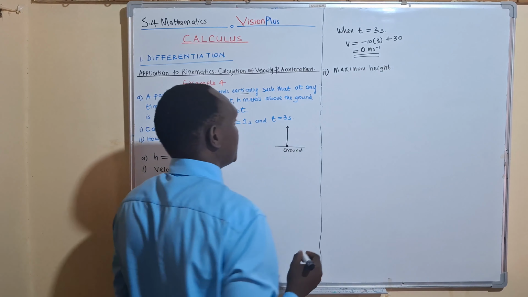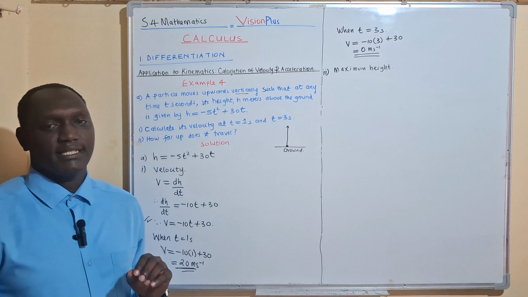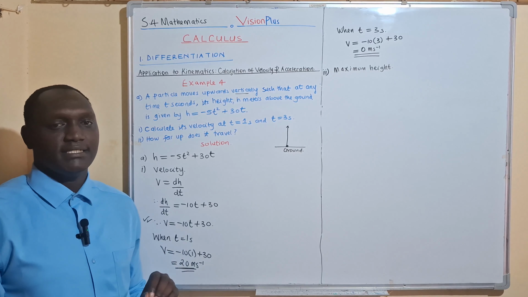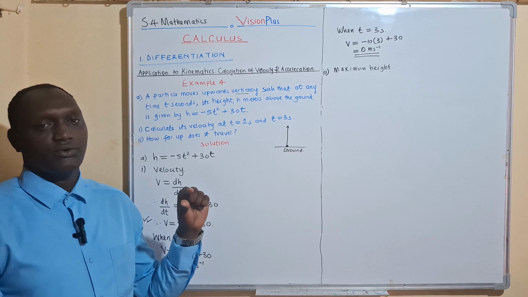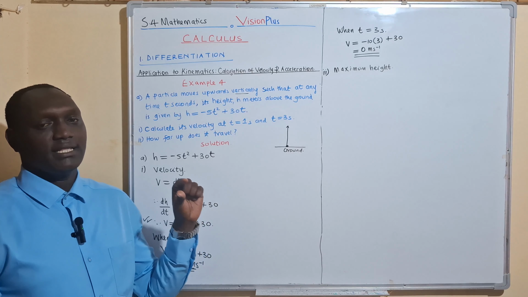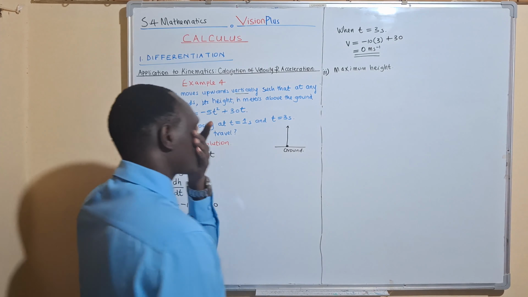Now, how do we get the maximum height? We have said that at the maximum height, the particle is momentarily at rest. That means the velocity at the maximum height is 0.